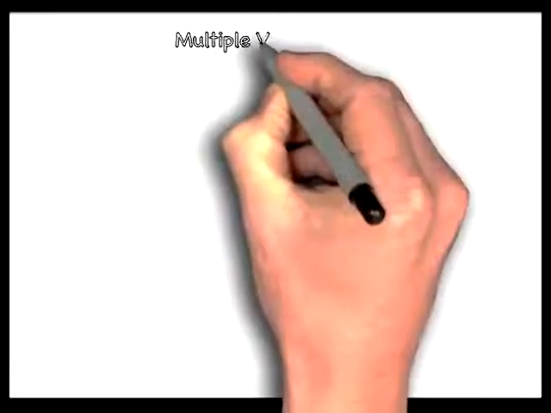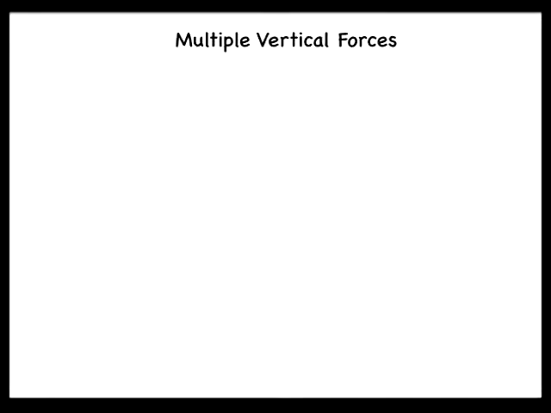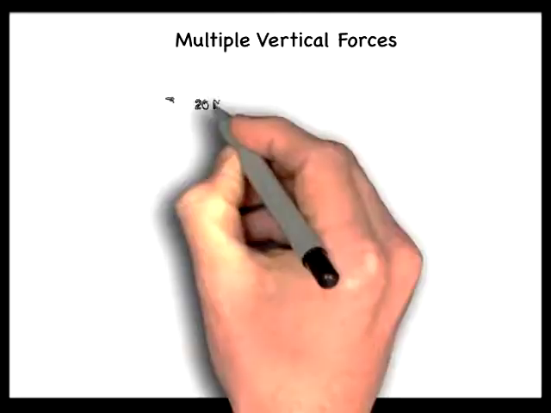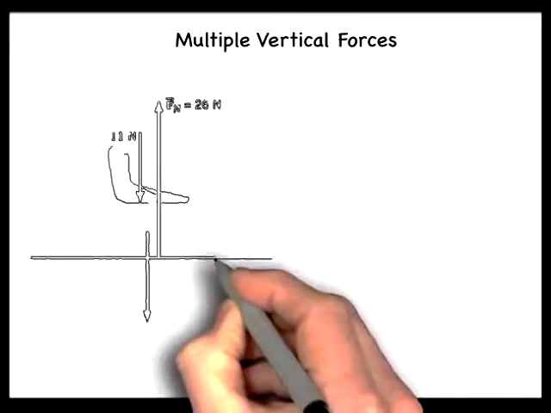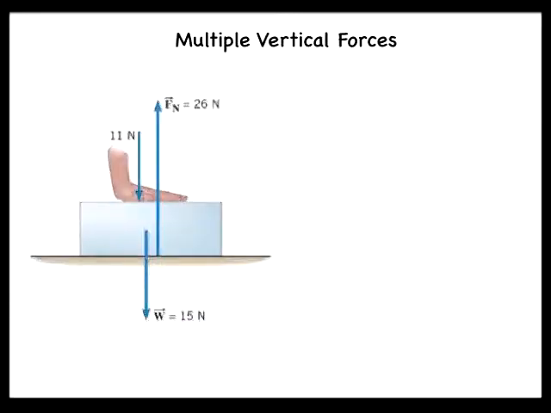If other forces in addition to the weight and normal forces act in the vertical direction, then the weight and normal forces are no longer equal. For instance, if a block weighs 15 newtons, then, if no vertical forces other than the weight act upon the object, the magnitude of the normal force is 15 newtons. However, if someone pushes vertically downward on the object with a force of magnitude 11 newtons, the normal force must increase to 26 newtons in order to compensate.